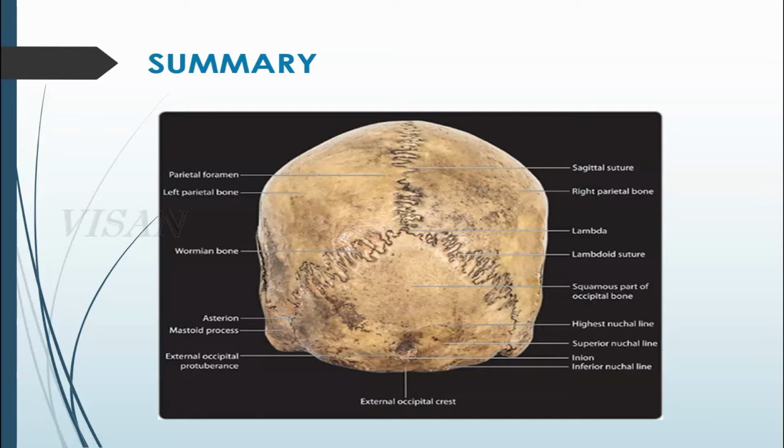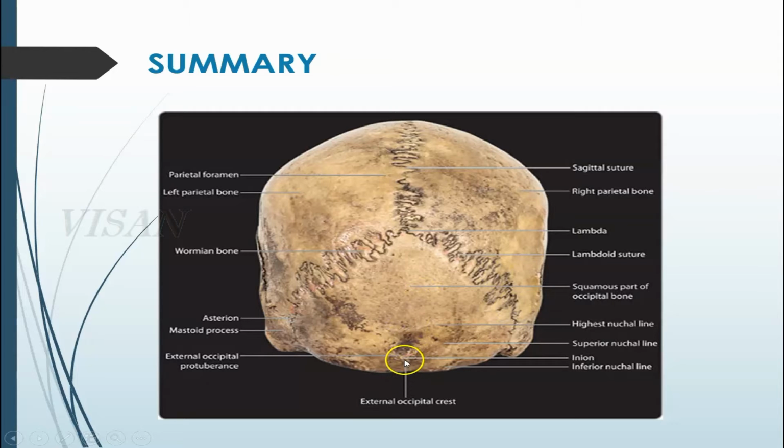We can see the intersections here. Between the sagittal suture and the lambdoid suture, the intersection is called lambda. Between the lambdoid suture and the occipitomastoid suture and parietomastoid suture, the intersection is called asterion. The features seen here are the external occipital protuberance.